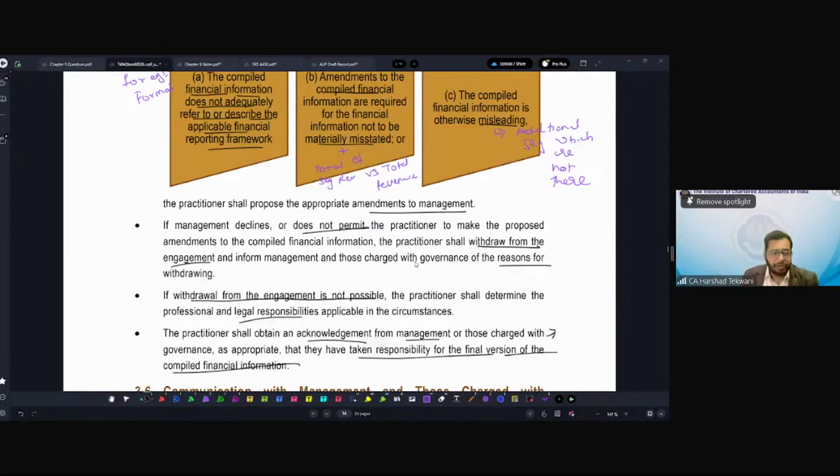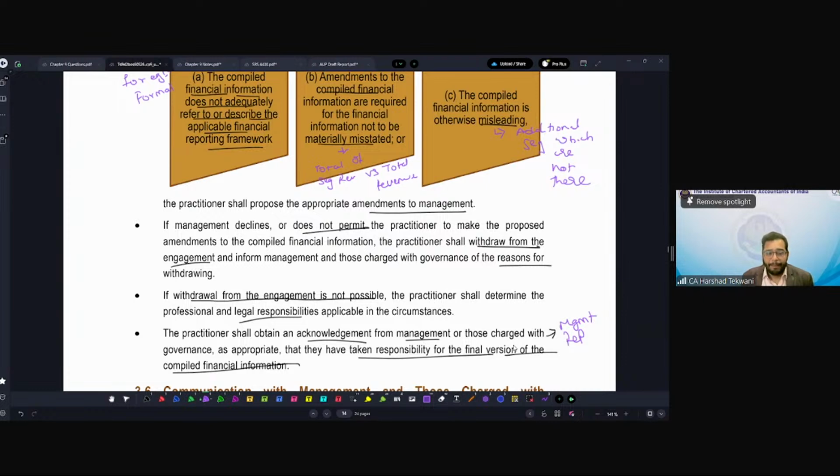This is similar to your management representation. Can the practitioner make proposed amendments? If allowed by the management, then yes, because the final responsibility lies with the management. So if management is ready to make such proposed amendments, then yes.